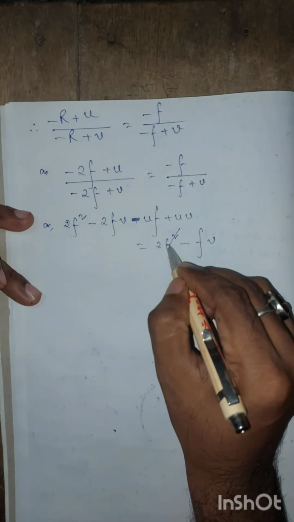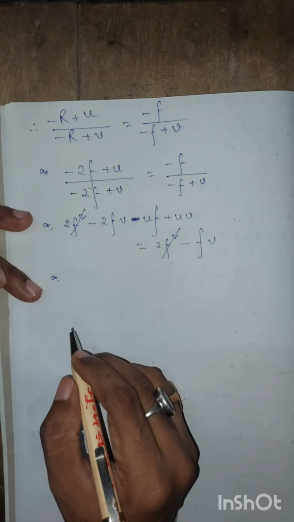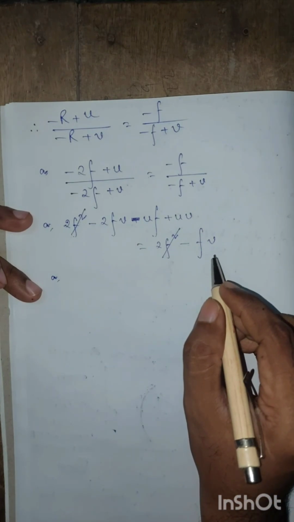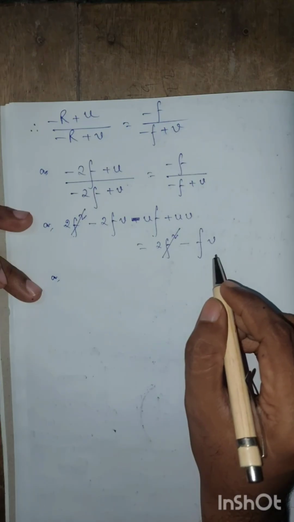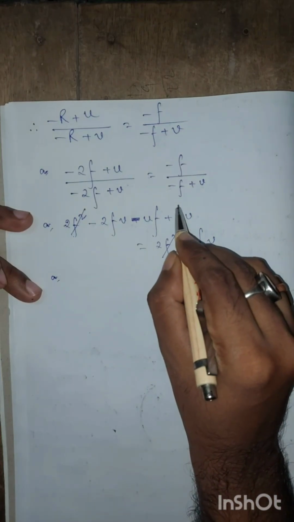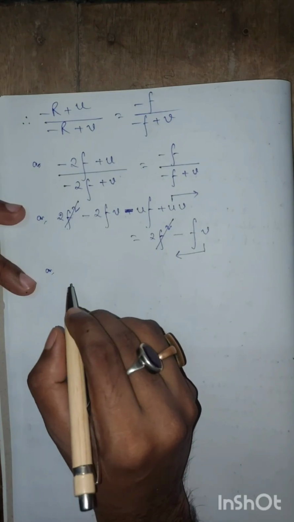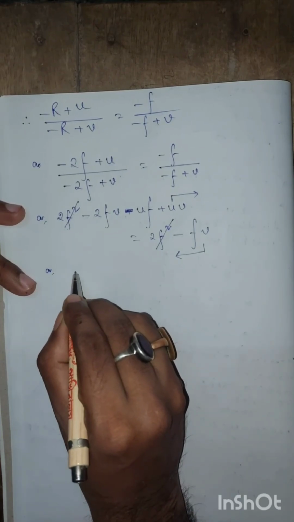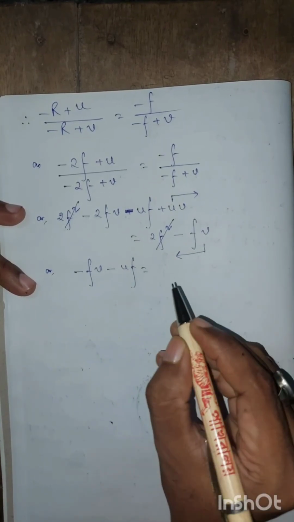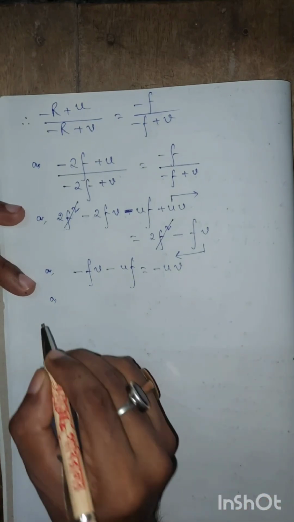Now 2f square and 2f square can be cancelled. If we take this term to the left side, and this term to the right side, we get minus fv minus uf is equal to minus uv.